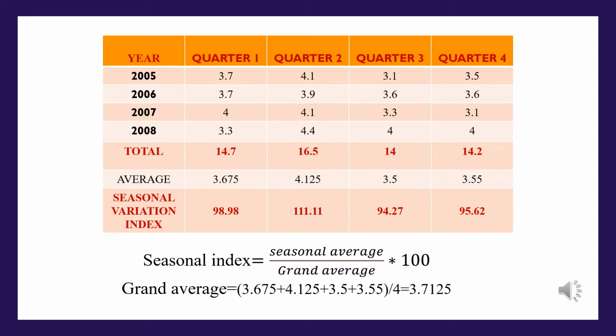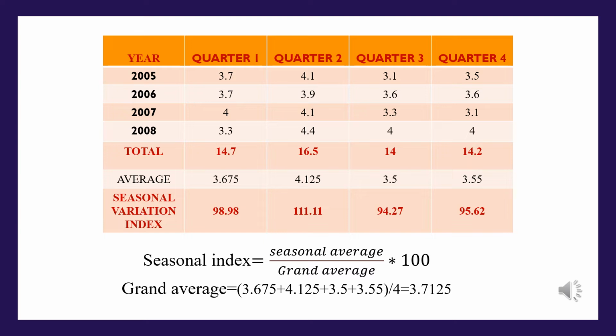For example, quarter 1: 3.7 plus 3.7 plus 4 plus 3.3. So the total is 14.7. Similarly, the other quarter values' totals are calculated. Quarter 2, the total value is 16.5. Quarter 3 is 14. Quarter 4 is 14.2.